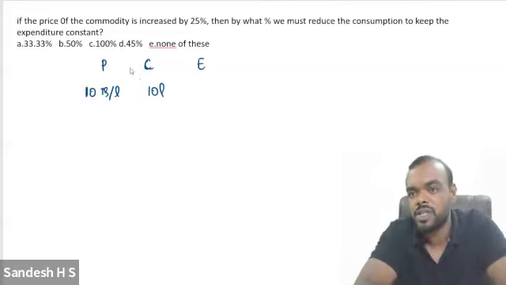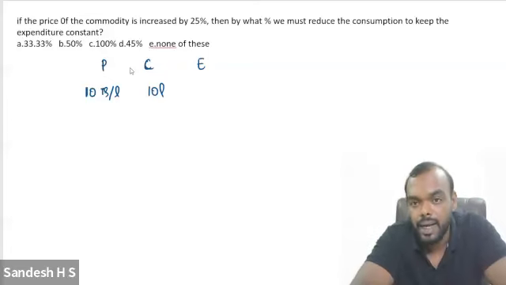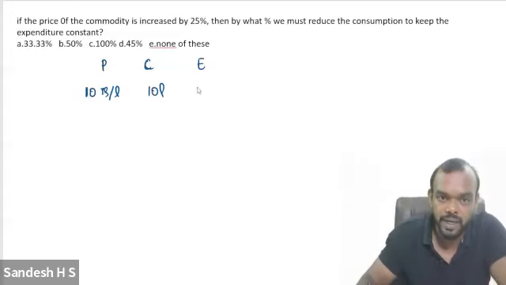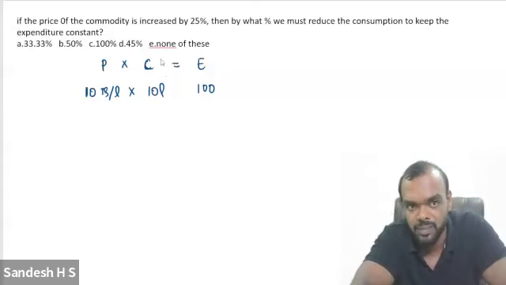What is your expenditure? How much are you spending altogether? 100 rupees. How did we get that? Price into consumption should give us expenditure.